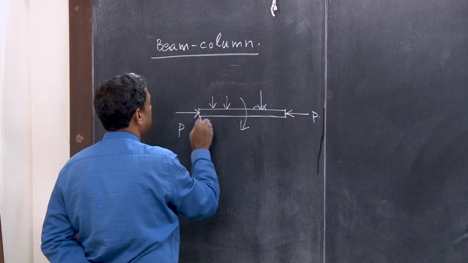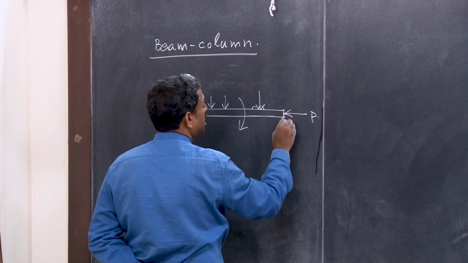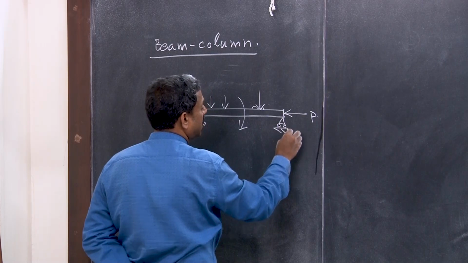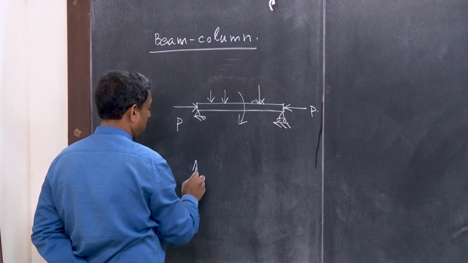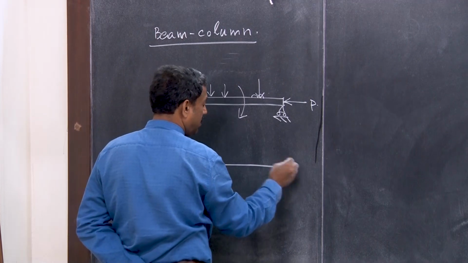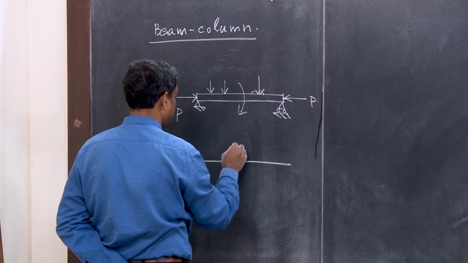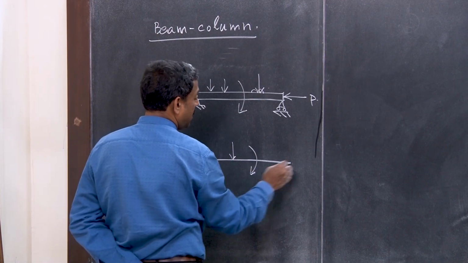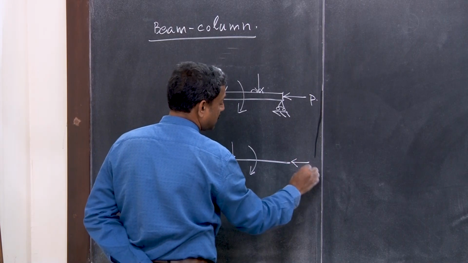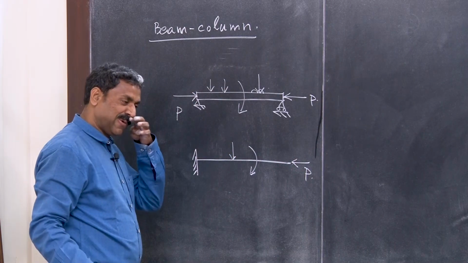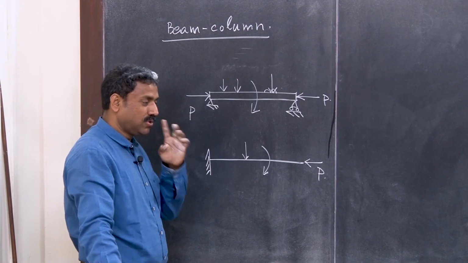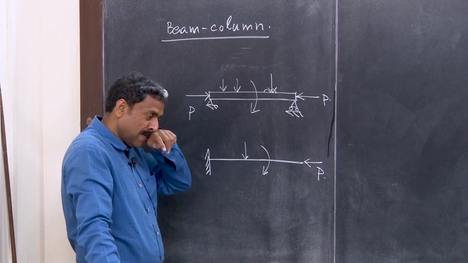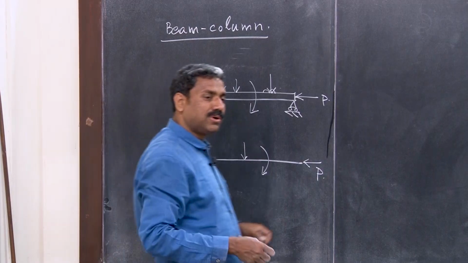There can be some support conditions: it can be simply supported, it can be a cantilever, subjected to maybe some concentrated load, some moment, and also axial compression. Compression is the one which causes instability, and the most common instability is buckling. So, we are going to derive the equation.